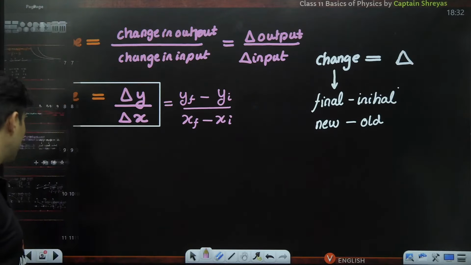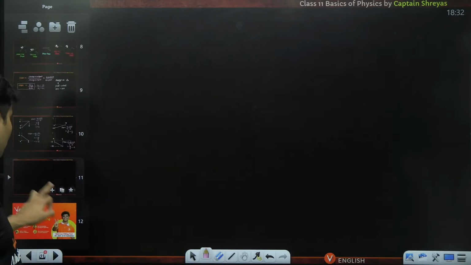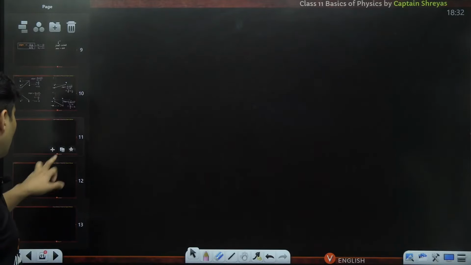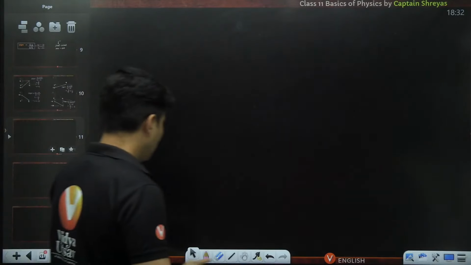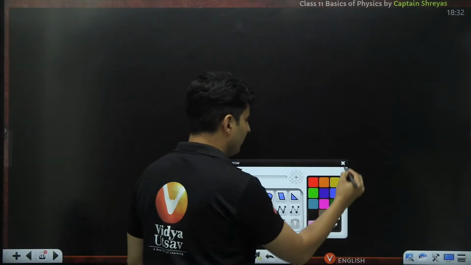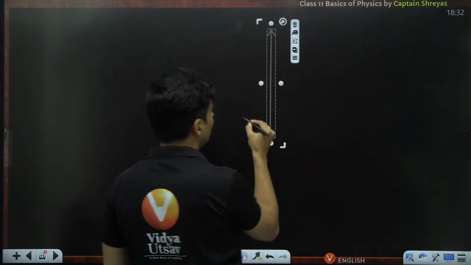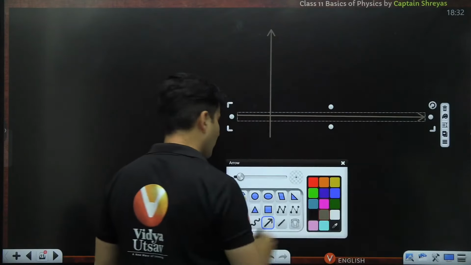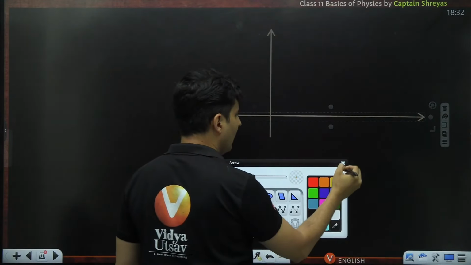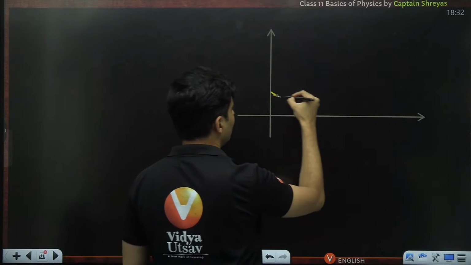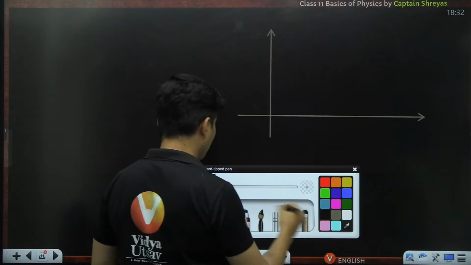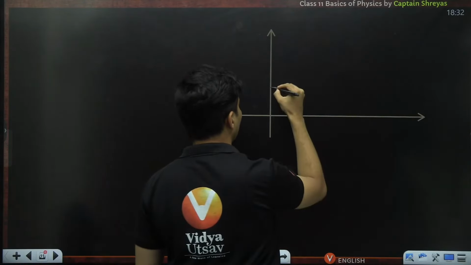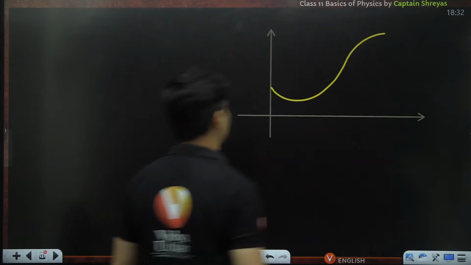Okay, this is good, sir. I understood this much. But sir, I have an issue. What is that issue? Sir, imagine the graph is not a straight line. What if the graph itself is maybe some curve like this?